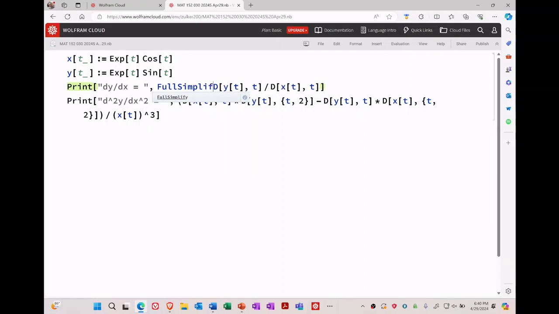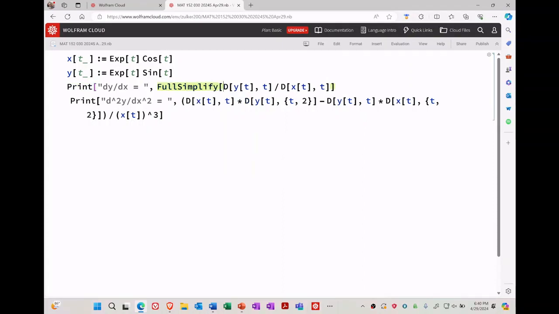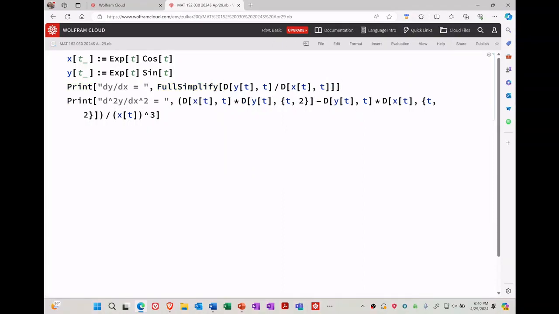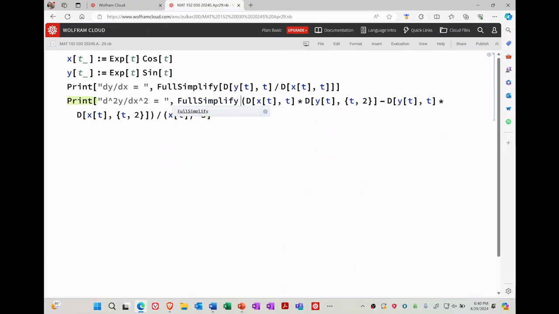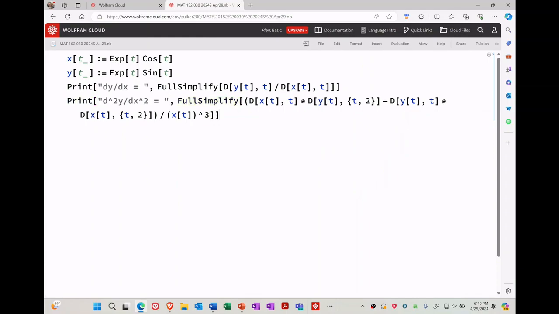I'm going to do full simplify on both of them. And that should not be x of t, right? This should be dx of t with respect to t.